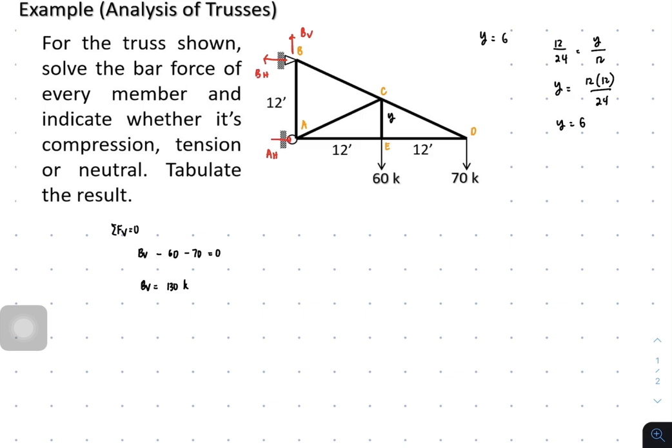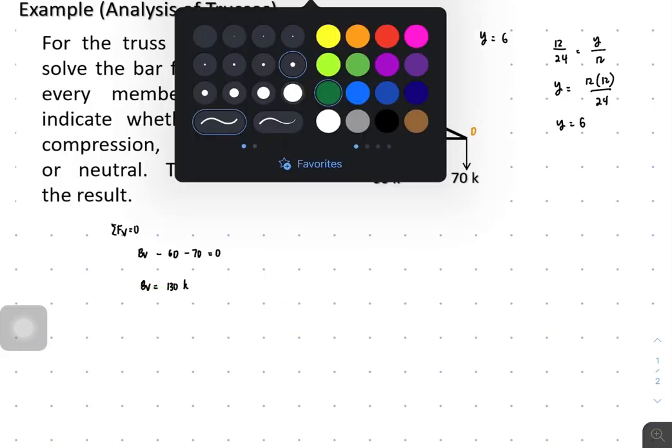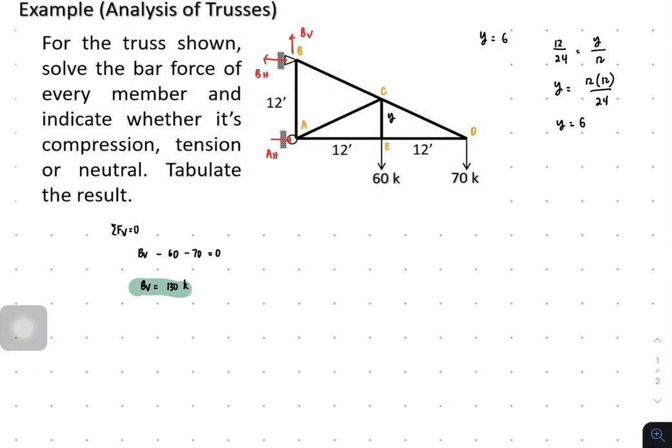So this is the reaction for BV. So I'll just make it a little bit thicker. So here, and then summation of moment. I'd like to do the summation of moment at point A equal to 0. So we could solve for BH.